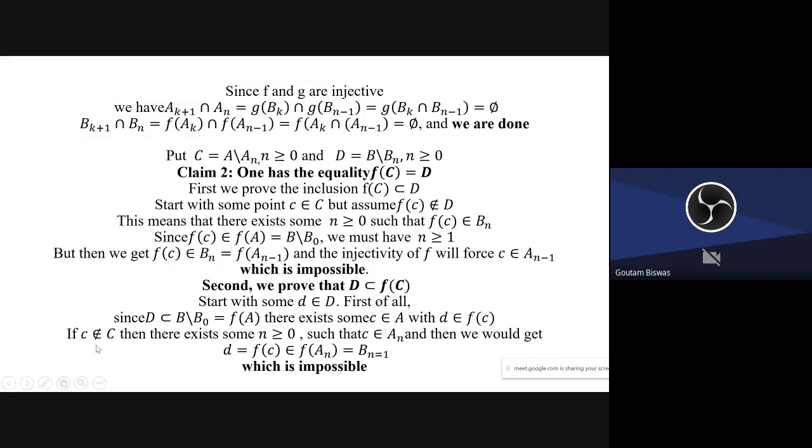If C does not belong to C, then there exists some n greater than 0 such that C belongs to An, and then we get D is equal to Fc, that is Fan is equal to Bn minus 1, which is impossible from our definition. Fan is equal to Bn. This is wrong. Bn plus 1.